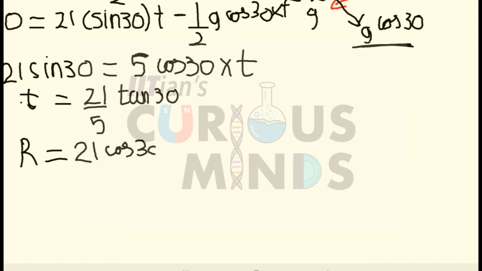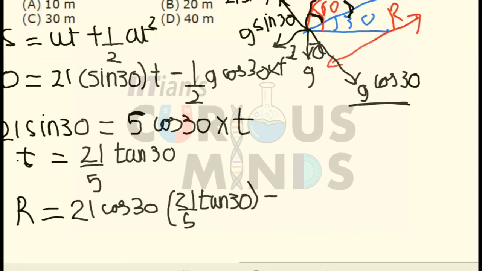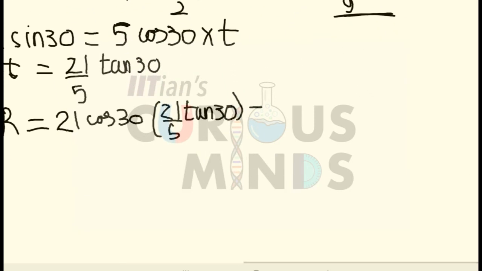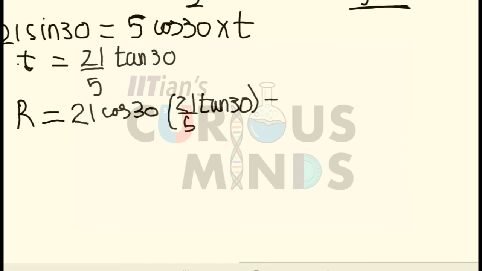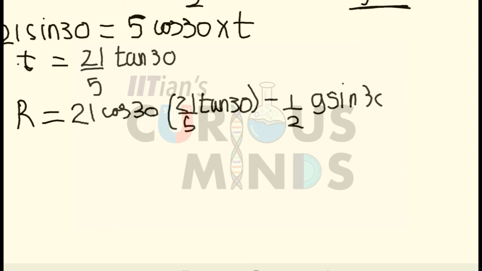So it is equal to 21 cos 30 into t, where t is equal to 21 by 5 tan 30, minus, since the acceleration is acting in the opposite direction, minus half g sin 30 into t square, which is 21 by 5 into tan 30 the whole square.